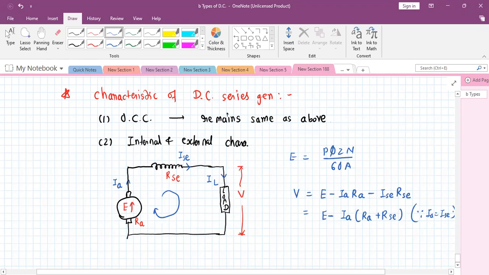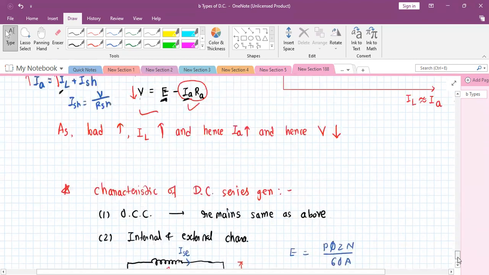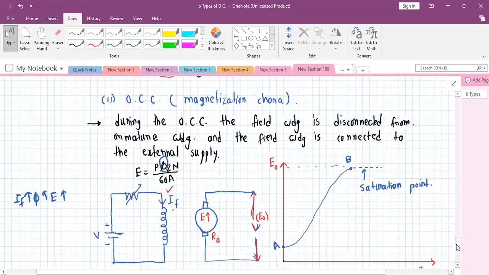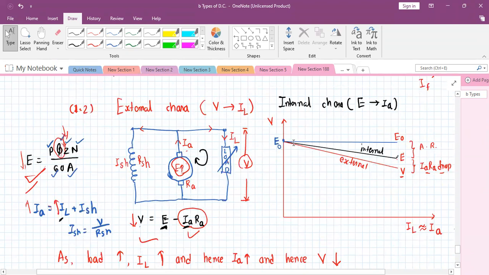Keep in mind that the armature reaction occurs when you are loading the machine. What is the starting point? See over here, in the case of the shunt generator, why is it starting from here?